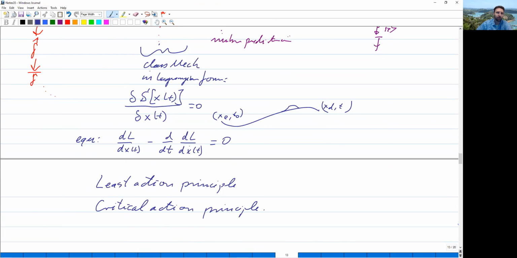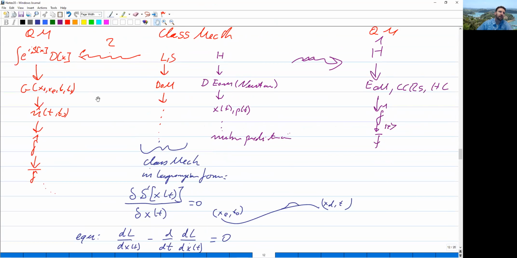And that's because what matters for having the most contribution in the quantum mechanics here is not that the action is minimal or that the action is maximal. No, it's just that it's critical. The only thing that we need is that the phase factor here, the probability amplitude, is stationary. It doesn't have to be maximum or minimum. It has to be stationary with respect to perturbations of the path.